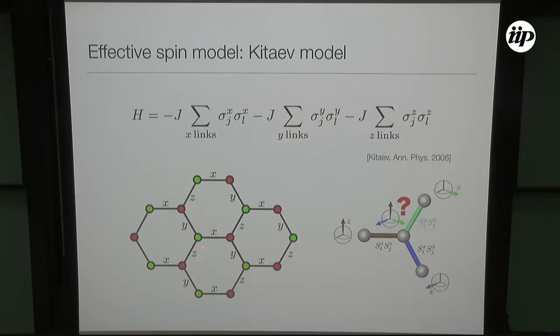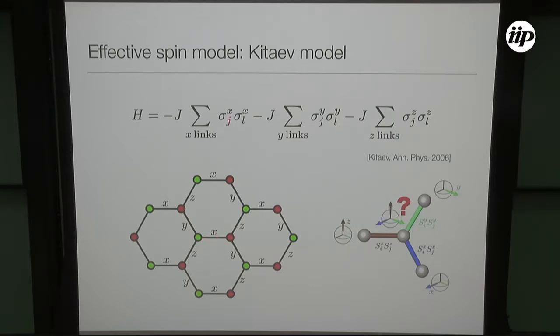So we divide up the honeycomb lattice: first of all, there are 2 sublattices, painted green and red here. And for each lattice site, there are 3 types of bonds or links. There is an X link, which is horizontal, then there is a Y one, rotated by 120 degrees, and the Z one.